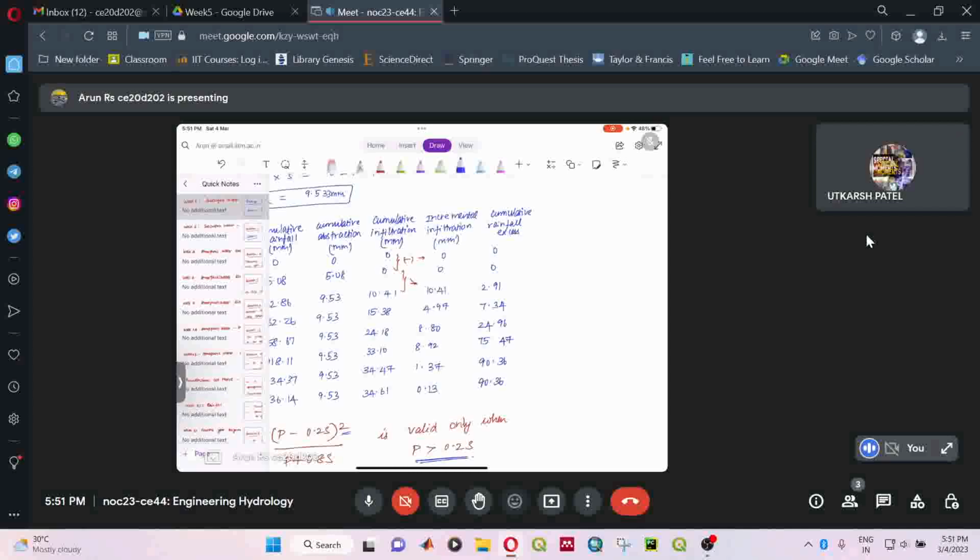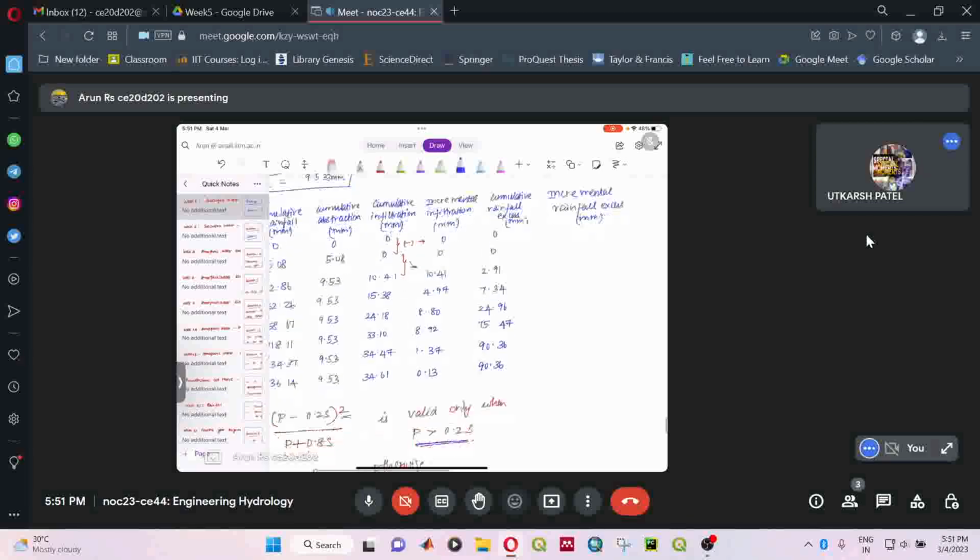And we can also calculate the incremental rainfall excess. This is in amount. So again incremental is the difference between these two.